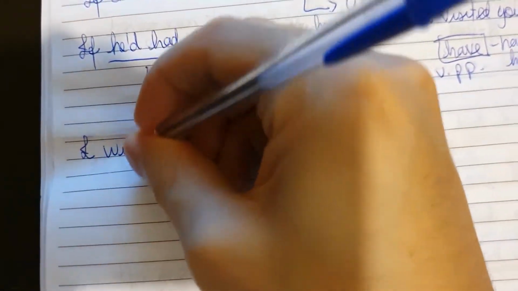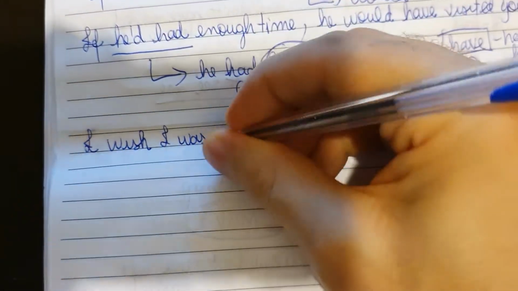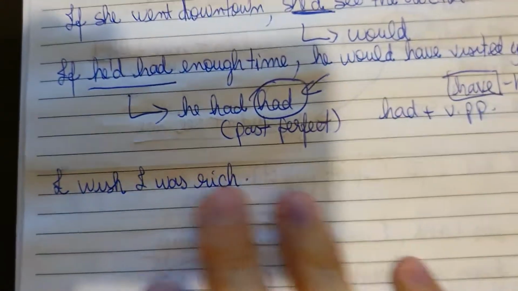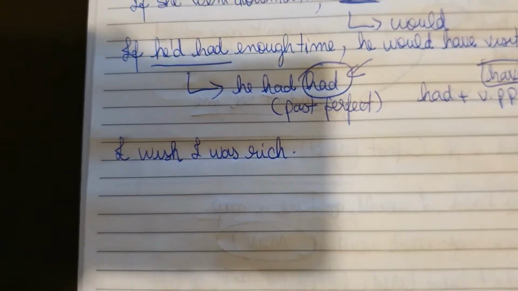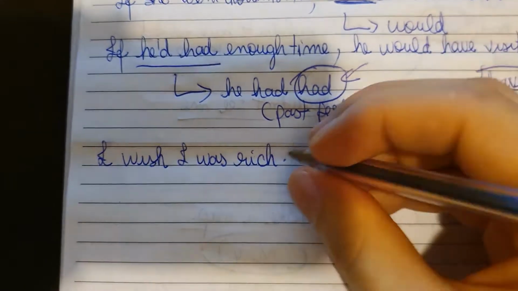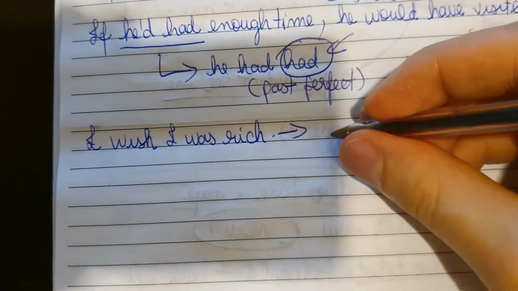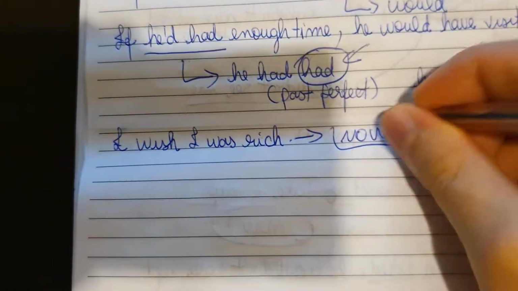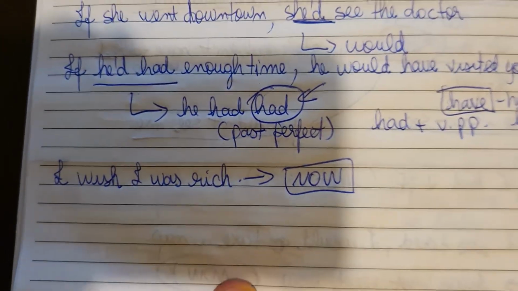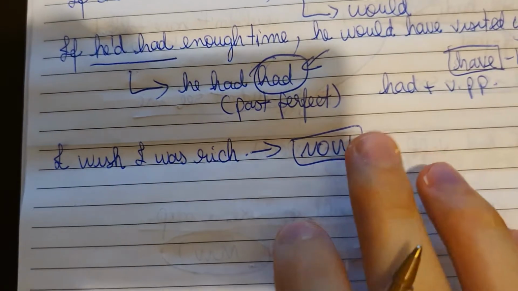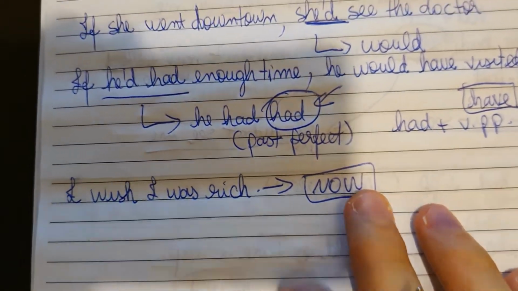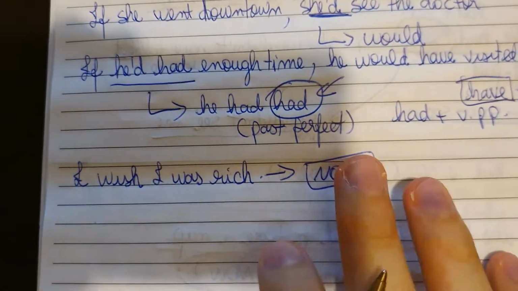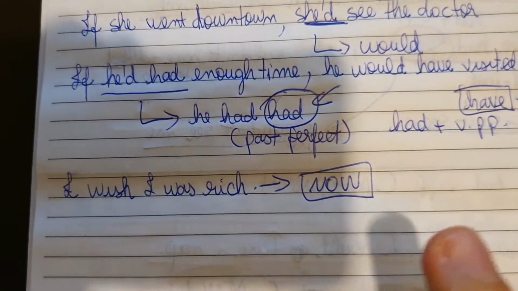I wish I was rich. I wish I was rich, right? I'm not rich. So, I wish I was rich refers to a situation now. Okay? Right now. I wish I was rich. I'm not rich. I wanted this action to happen now. Okay?